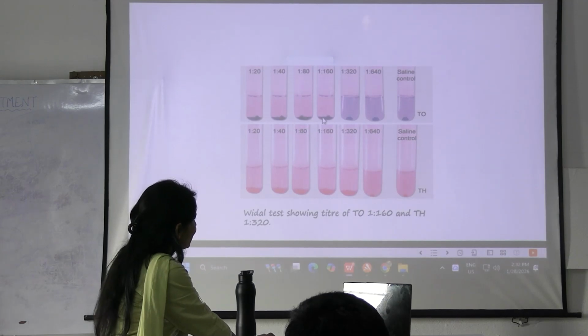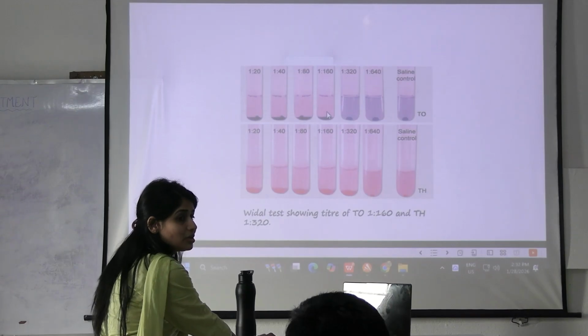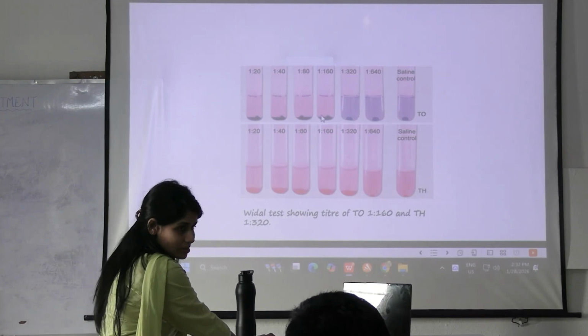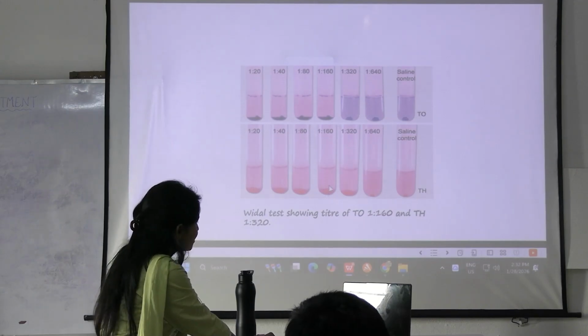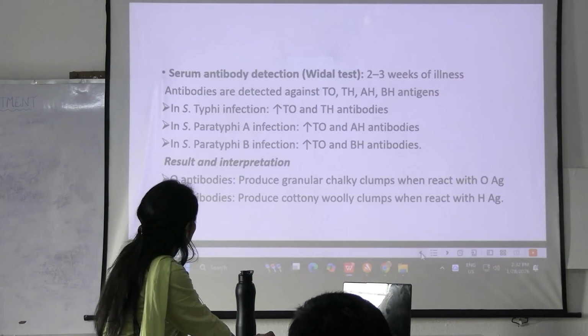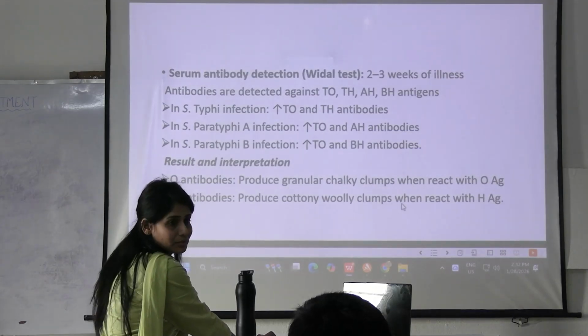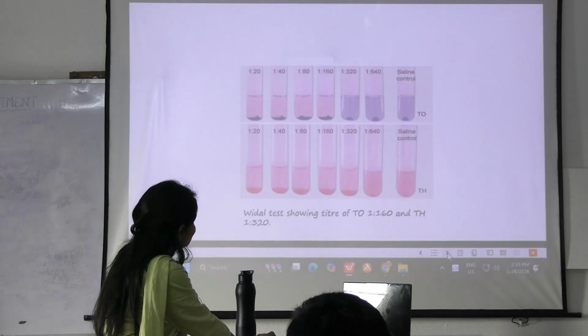And then you can interpret the results: in O antigen, you will see the granular chalky appearance, meaning carpet appearance, okay? And in H antigen, you will see cottony woolly clumps.